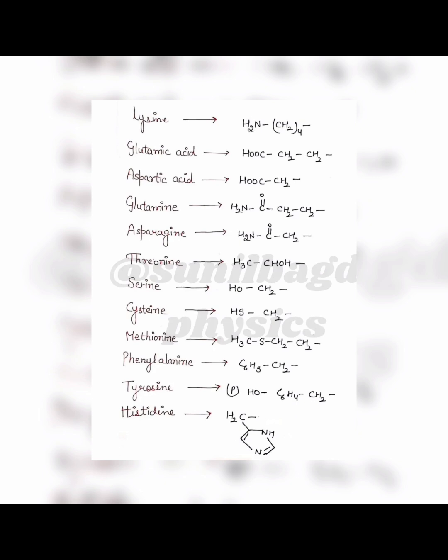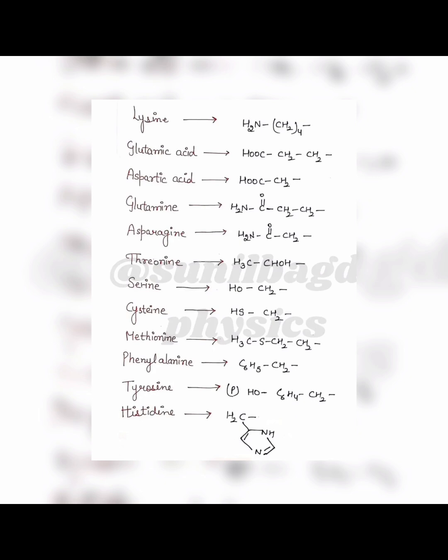Aspartic acid contains COOH-CH2. Glutamine contains NH2-CO-CH2-CH2. Asparagine contains NH2-CO-CH2. Threonine contains CH3-CHOH. Serine contains OH-CH2. Cysteine contains SH-CH2. Methionine contains CH3S-CH2-CH2. Phenylalanine contains C6H5-CH2. Tyrosine contains a para-hydroxy group on the aromatic ring with respect to CH2, and histidine contains CH2 with a nitrogen-containing 5-membered unsaturated aromatic system. So these are the structural representations of your amino acids.